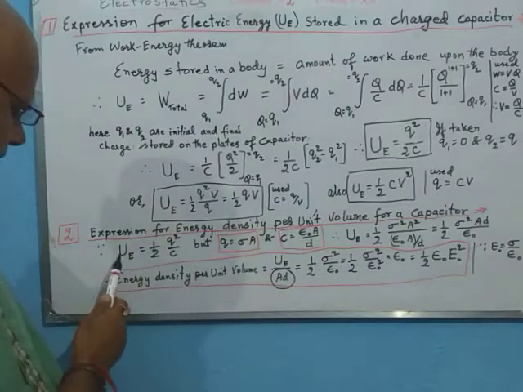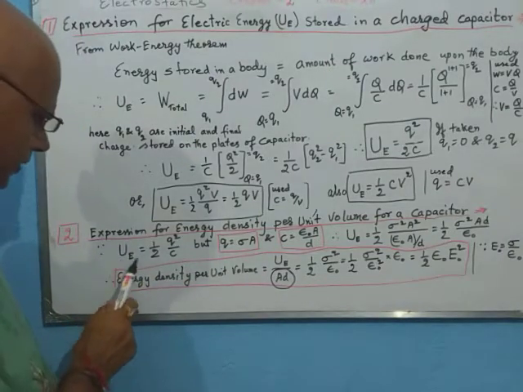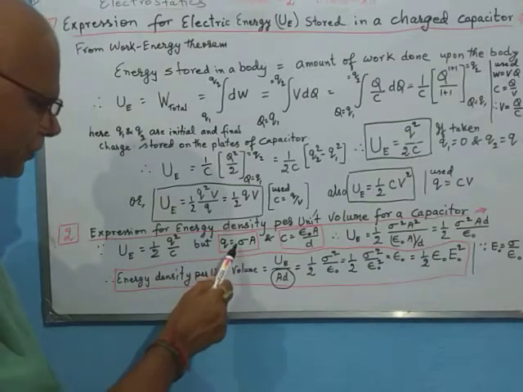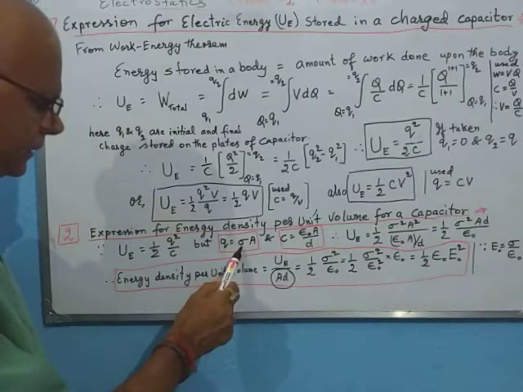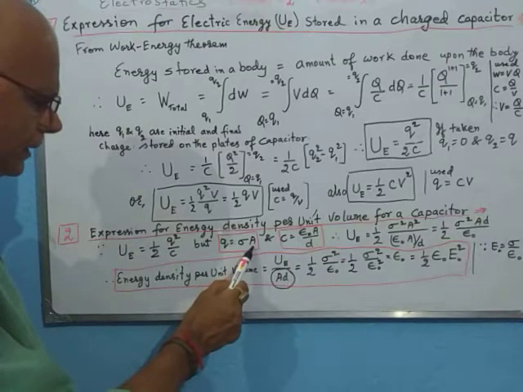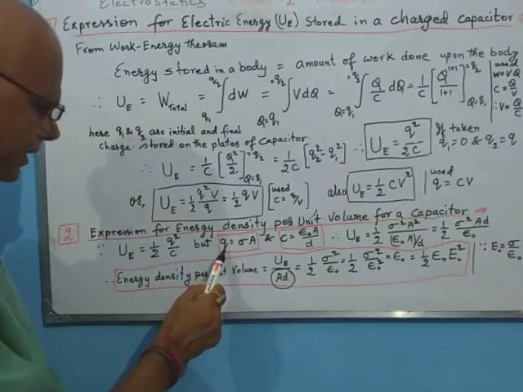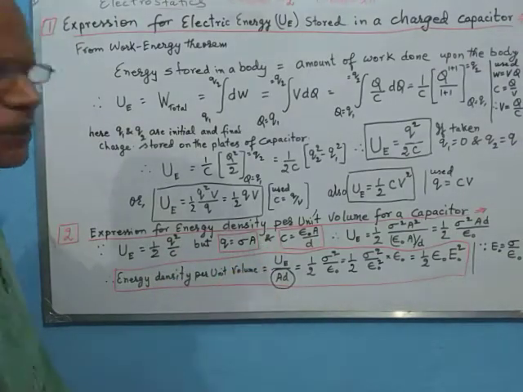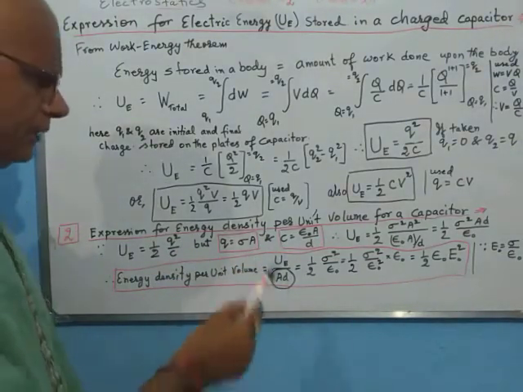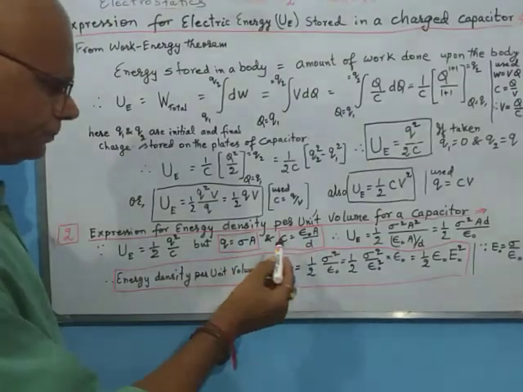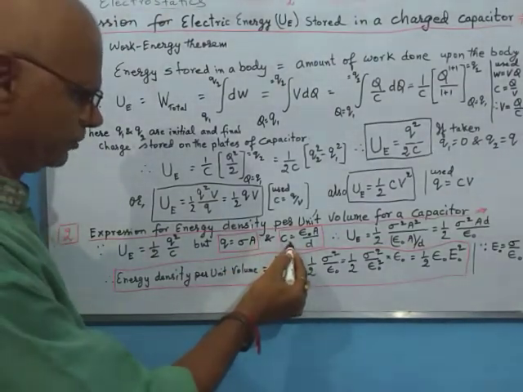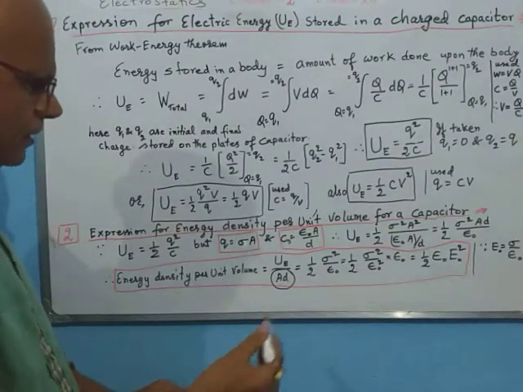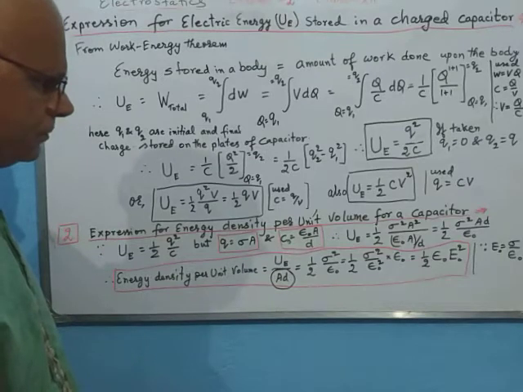So what we have already derived is that energy stored is half Q square by C, but for Q we can have sigma into A. Total charge stored is surface charge density into area, so Q is sigma A. And for C we have already derived the expression for capacitance, C0 equal to epsilon naught A by D, for air medium, because here we are using epsilon naught.